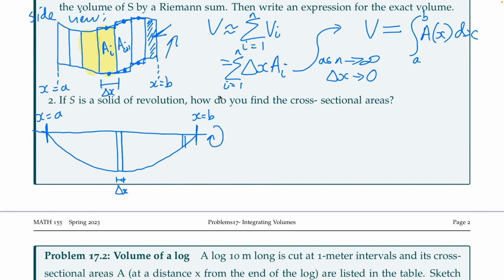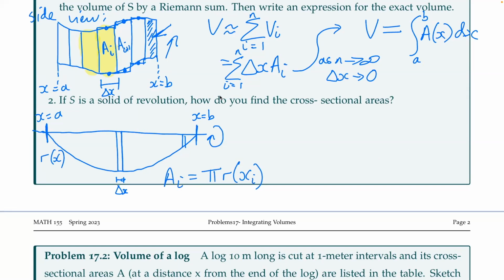Well, because it's a circle, the area of the ith one that we're choosing at some arbitrary point is just going to be pi r of x i. I'm going to define this curve as r of x. This is the curve that is just defining the outline.